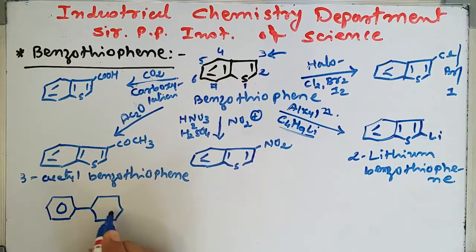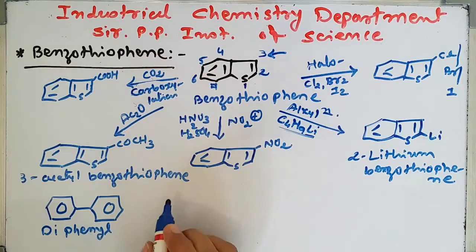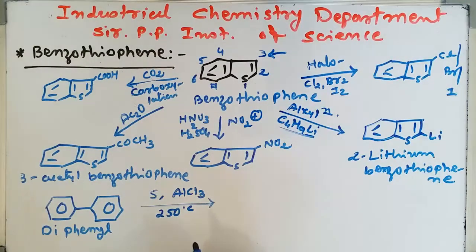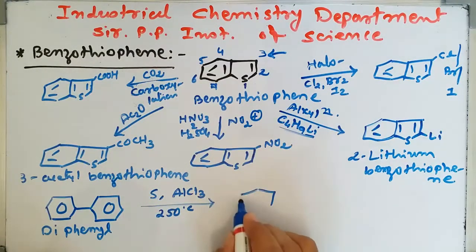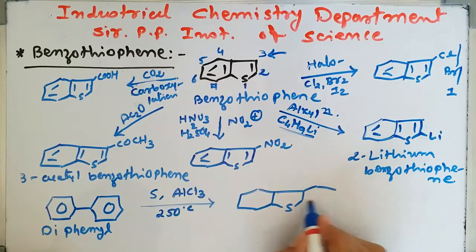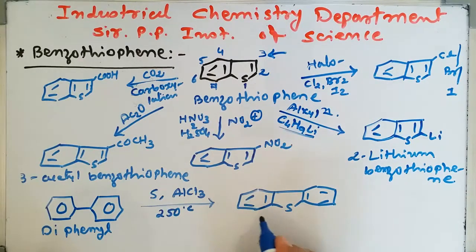This is diphenyl. It is treated with sulfur powder in presence of AlCl3, aluminium trichloride, at 250 degrees Celsius. So we get dibenzothiophenone.